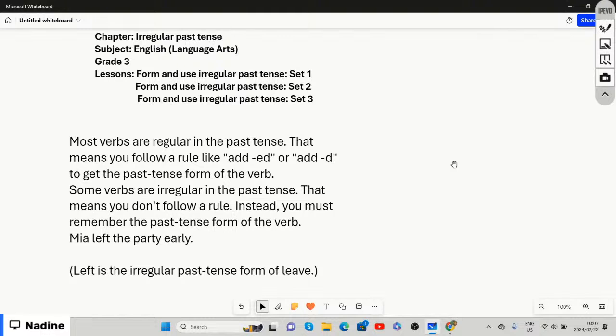So our chapter is irregular past tense, our subject is English language arts, grade 3, and the lesson we are focusing on is to form and use irregular past tense.